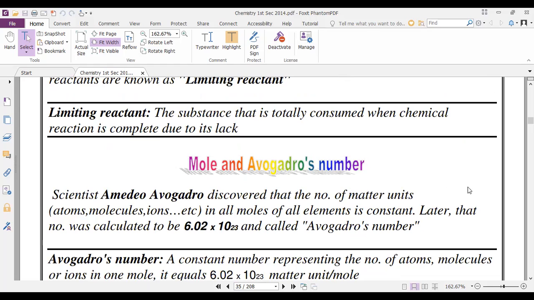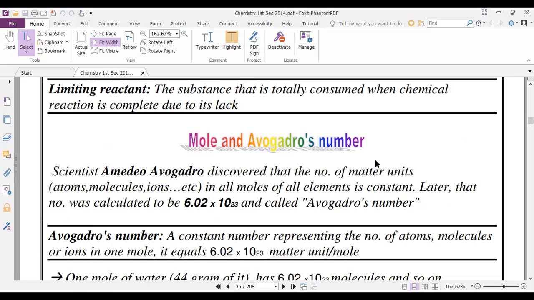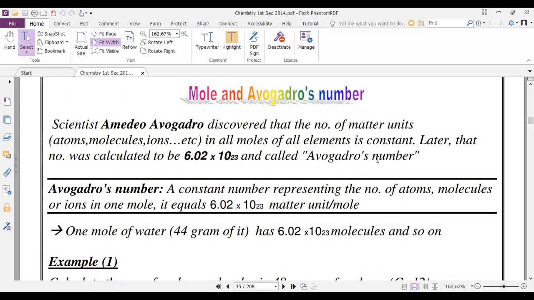Okay. So what about the other part, mole and Avogadro's number? Mole and Avogadro's number. Okay. Scientist Amedeo Avogadro discovered that the number of matter units, either atoms or molecules or ions, in all moles of all elements is constant.